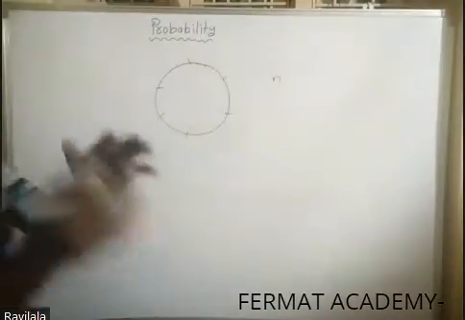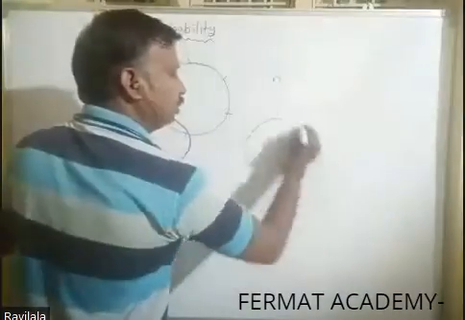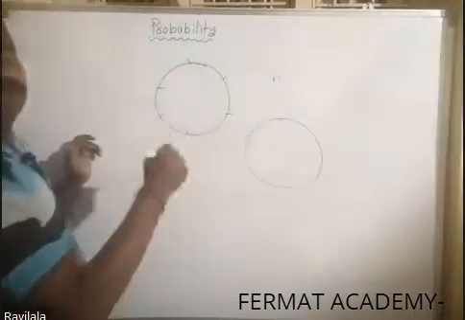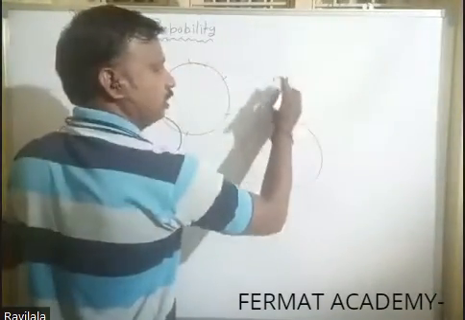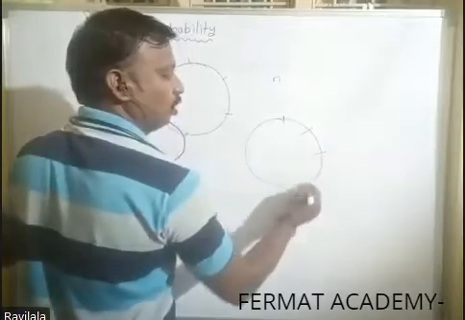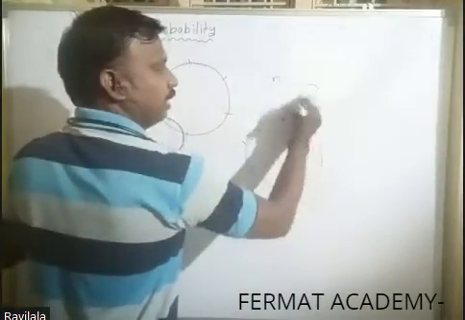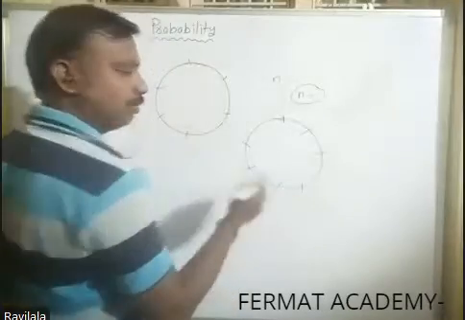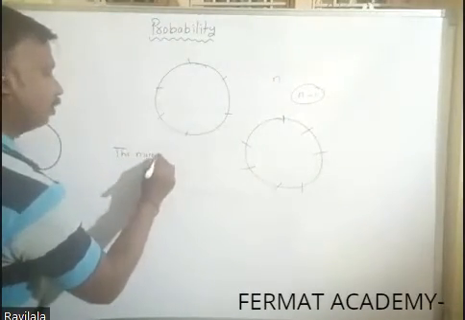In circular permutation, we should fix one, because we don't know which is the first and which is the last. Fix one, and the remaining are n minus 1.